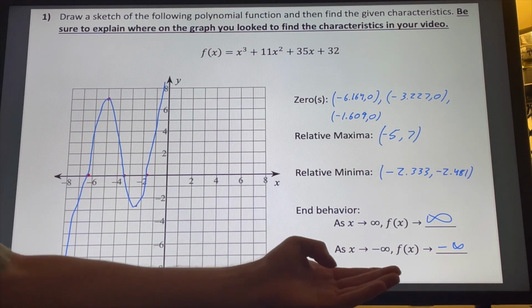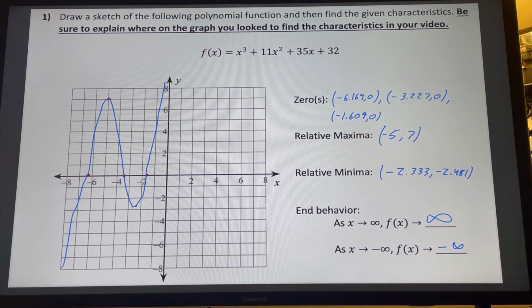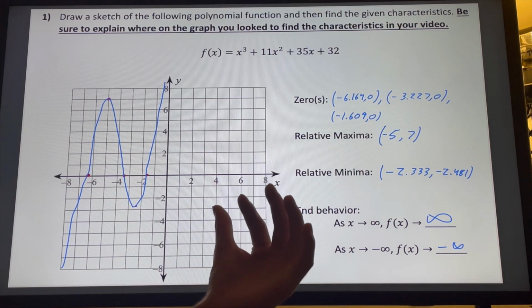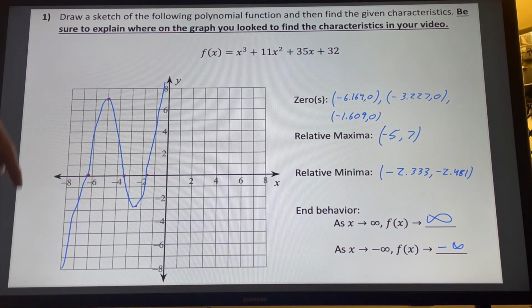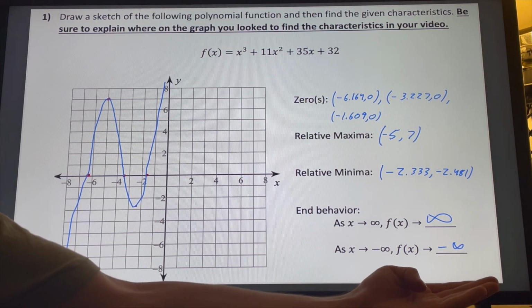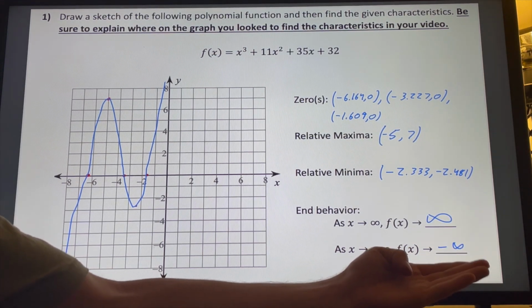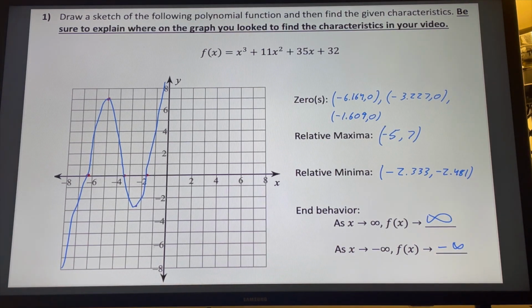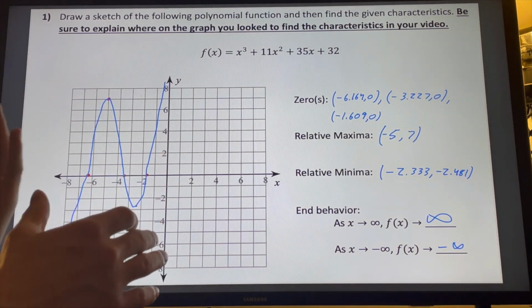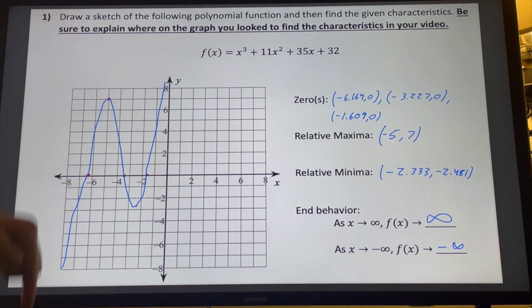And as x approaches negative infinity, as it goes more this way, it is becoming more negative. See how as we go this way, it's going down and becoming more and more negative instead of more and more positive. So we display that by saying that it is approaching negative infinity, because it's going more and more this way and it's going down.